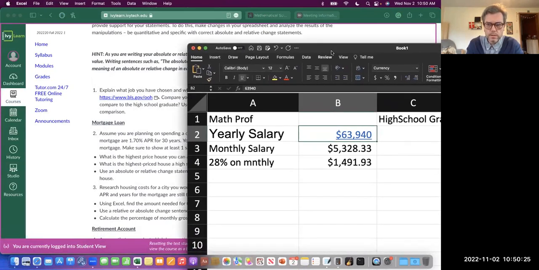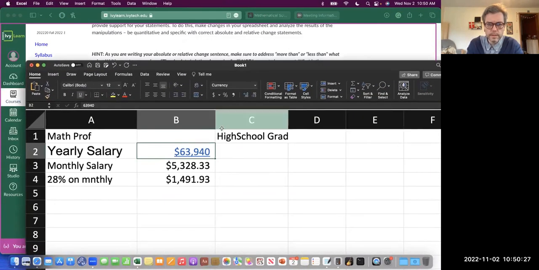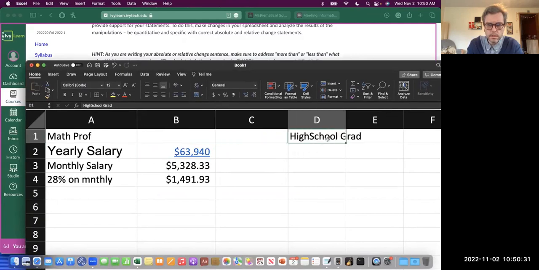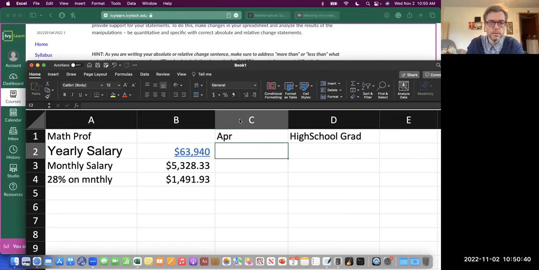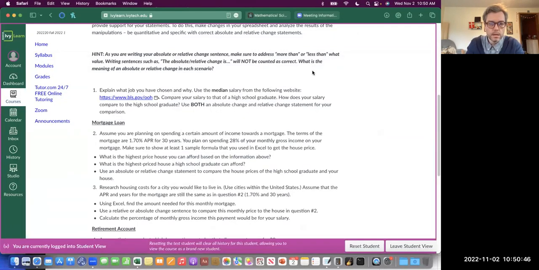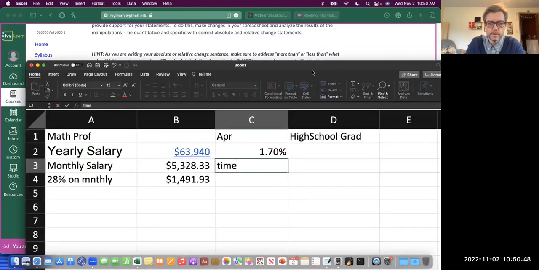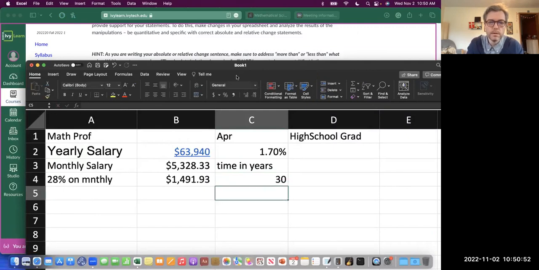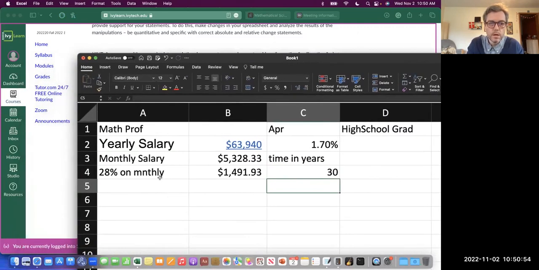So if I'm referencing a value, if they're interested, they can find where I found that. Anyway, both of these people will have the same APR, and that was 1.7%, and the time in years is 30. So both of them have that.